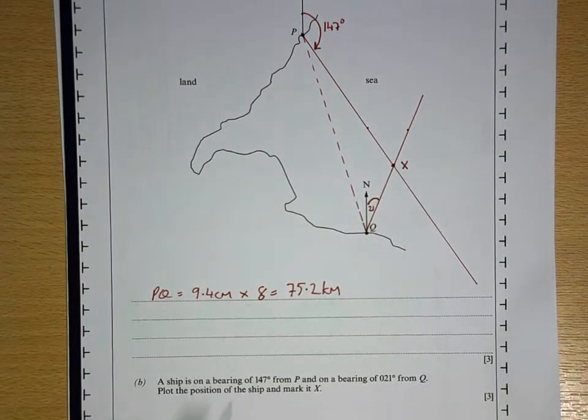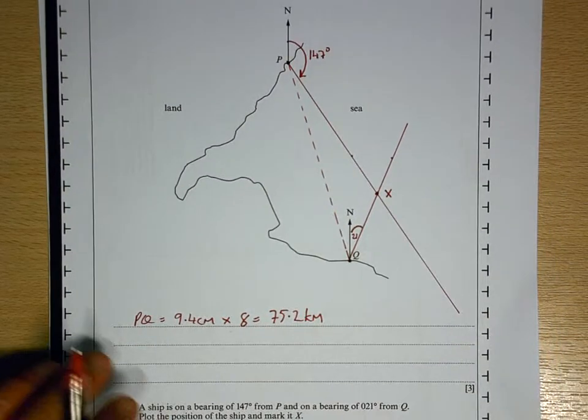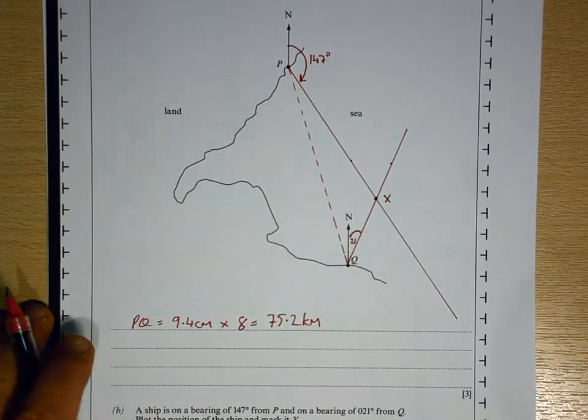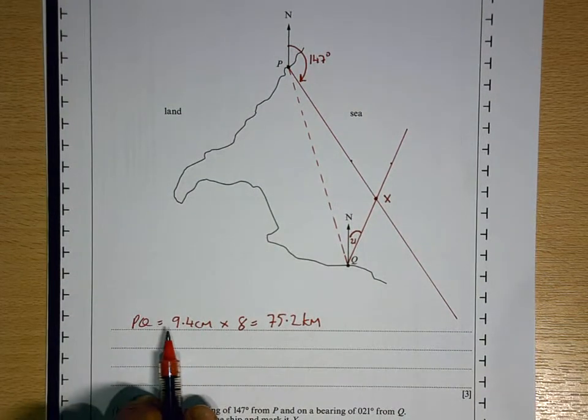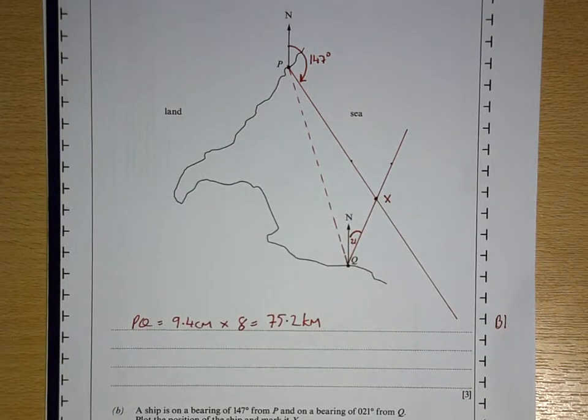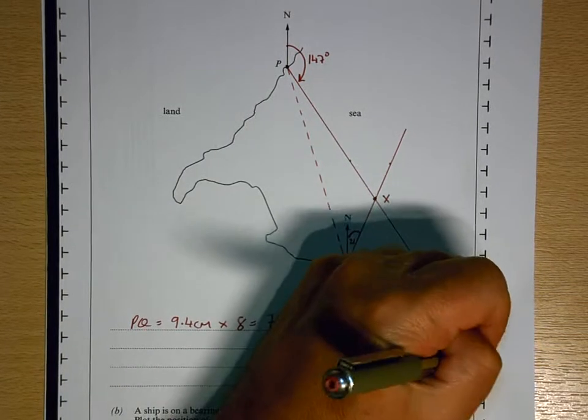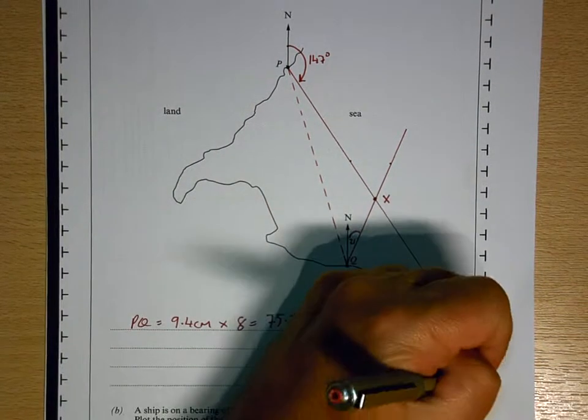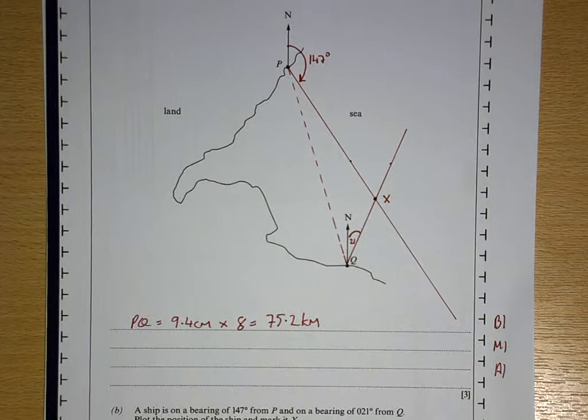So 6 marks for that question, and the 6 marks work out like this. The first mark is for the measurement, then 1 mark for times it by 8, and 1 mark for the correct answer.